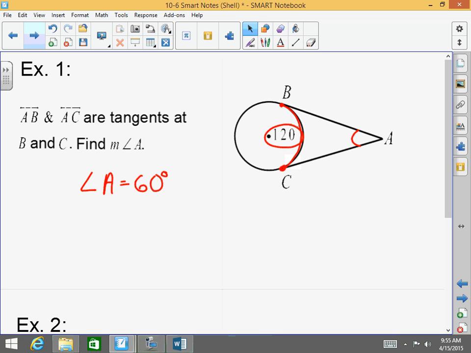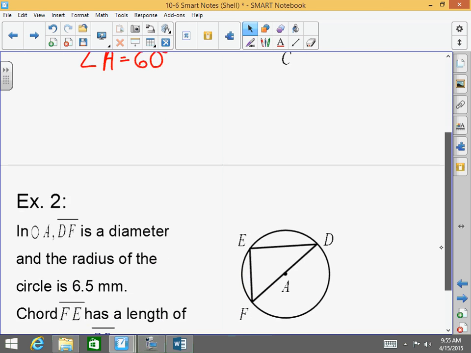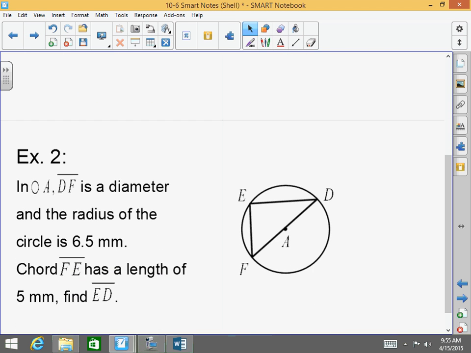Now for our second example, we're going to do a little blast from the past. If in circle A, DF is a diameter, and the radius of the circle is 6.5 millimeters, chord FE has a length of 5, I want you to find ED.